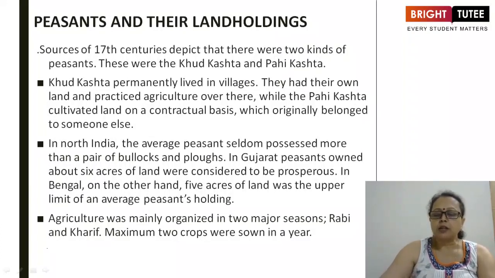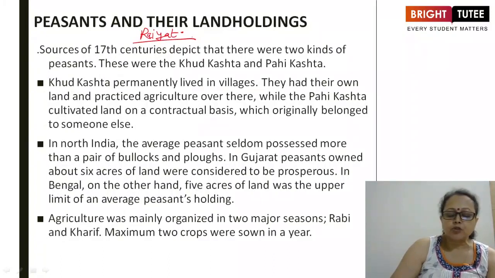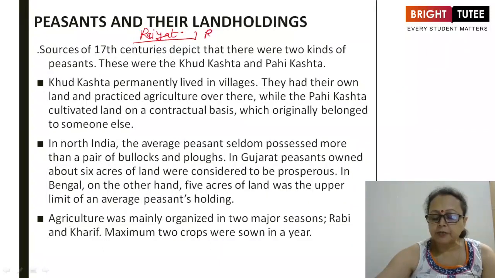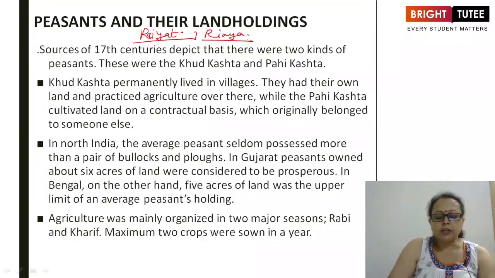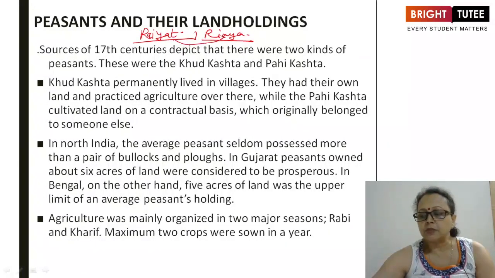Riayat is also a term used during the Mughal period. Also pronounced as Rayat, which originated from Riaya. Riaya or Muzarin for the peasants. A simple English word for these two terms is peasants.